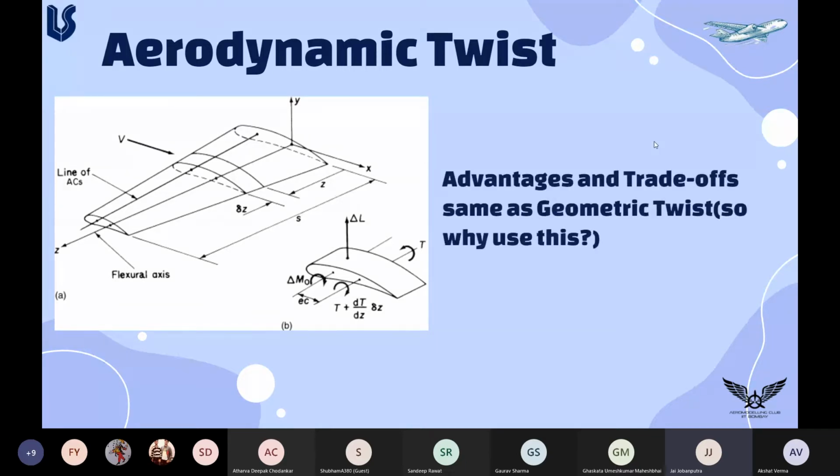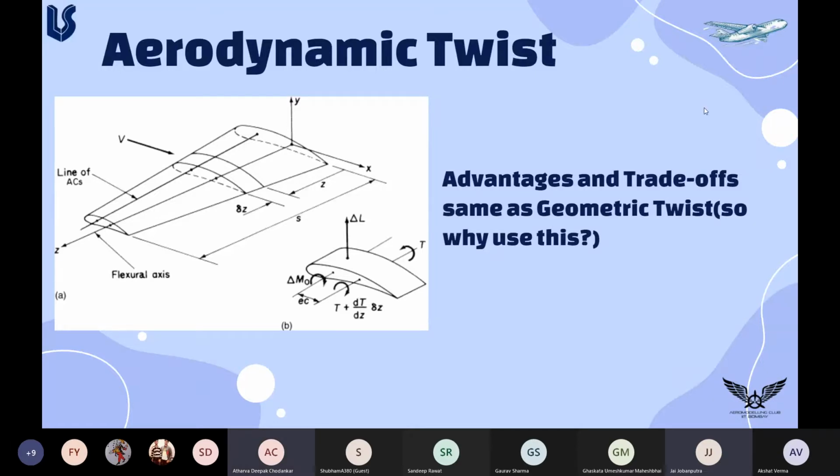One question does come out: why use aerodynamic twist when we have geometric twist at hand? I'll leave that to the audience; I would like the participants to think about it. What exactly is being twisted here?